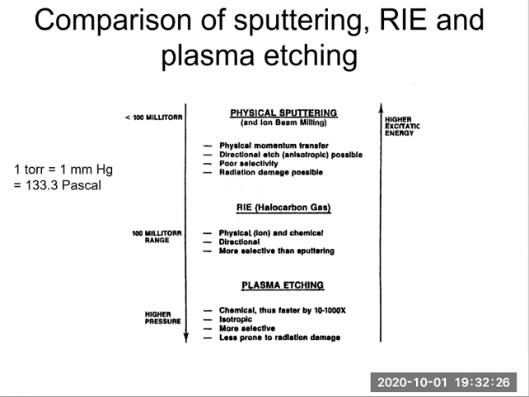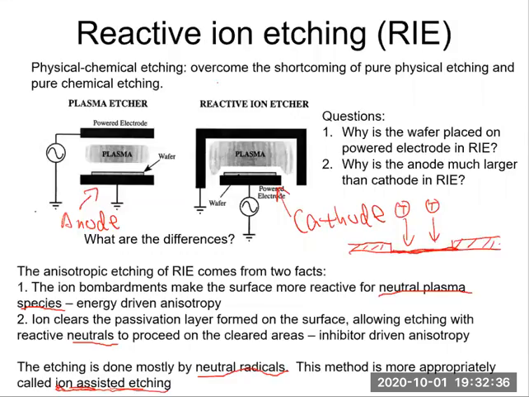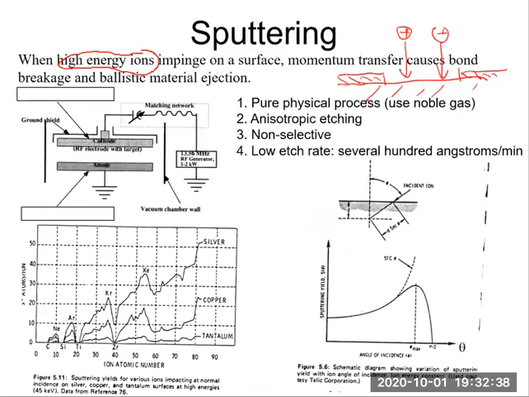In the last lecture, we have studied sputtering, RIE, and plasma etching. This is physical sputtering, which is based on the momentum transfer of high energy ions. So this is a pure physical process.